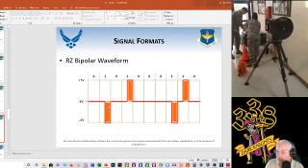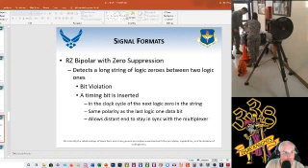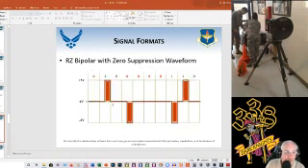Now the 10 volts, again, you can go farther distances with the 10 volts versus the 5 volts difference of potential. That's the only difference when we're looking at voltage levels. It's just a reference. So when we look at bipolar with zero suppression, it's a little bit different. This one is self-clocking. Why?